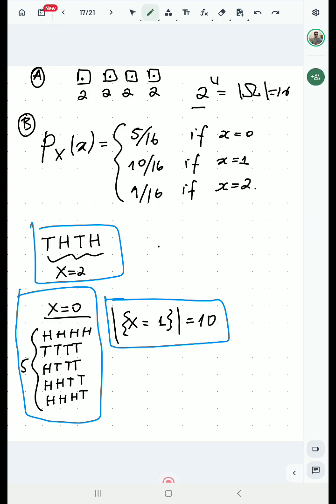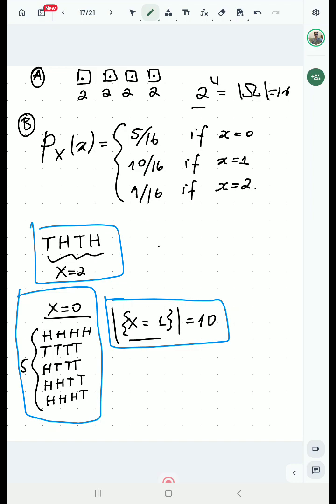Now let's look at the second case, when X is equal to 0. I listed all those cases. There are 5 cases. In all of those 5 cases, there is no tail followed by head. And in total, we have 16 outcomes. It means that the cardinality of the event that head follows tail only once is equal to 10, because in total we have 16 elements in the sample space, and 16 minus 5 minus 1 gives you 10.